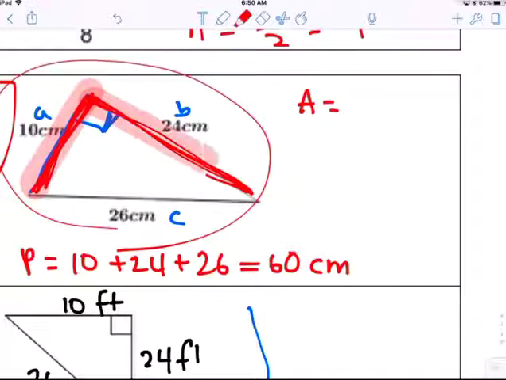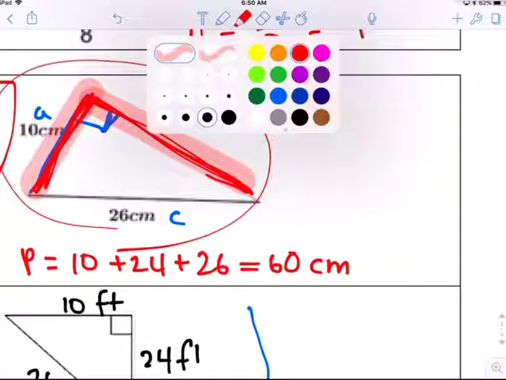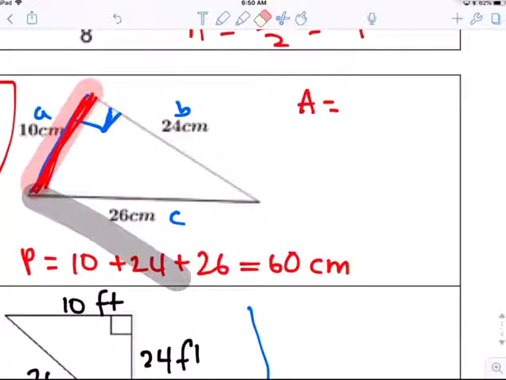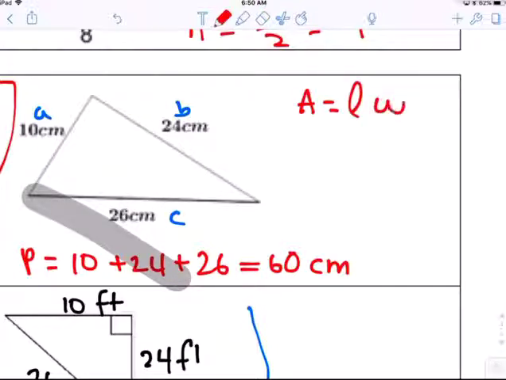Because a triangle is half of a rectangle, I'll explain it on the next one.